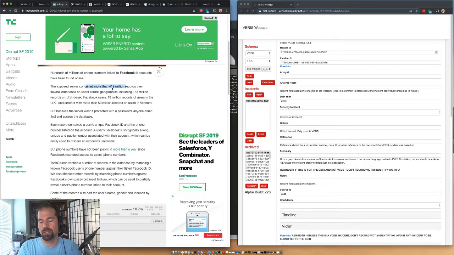So like an internet scan tool. So an exposed database, each record contained a user's unique ID, Facebook ID, the phone number listed on the account. A user's Facebook ID is typically a long, unique string.